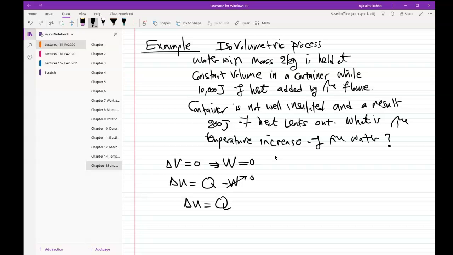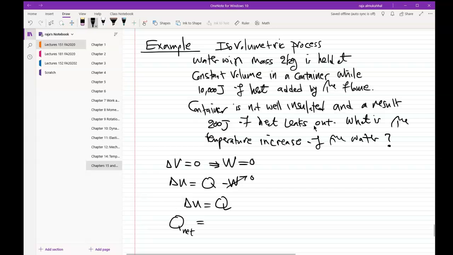Now he says part of that heat is leaving the system. So that means I want to know what is the net heat, the net heat that is actually going into the internal energy. Remember, it says here delta U is equal to Q, but not all of the Q. There is heat leaving the system, leaking.